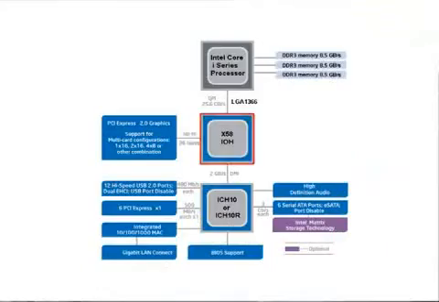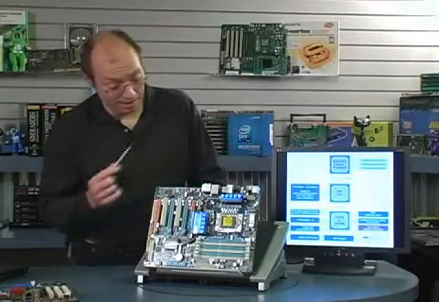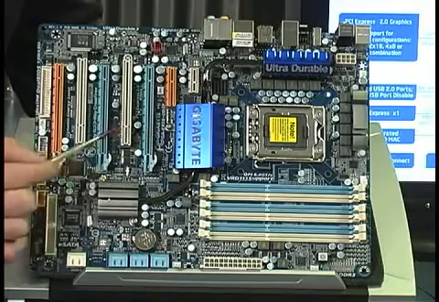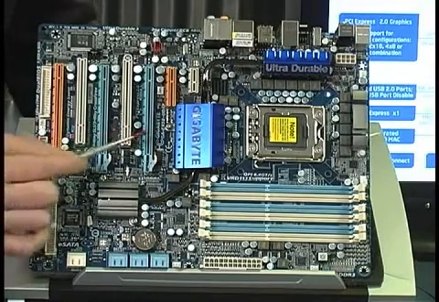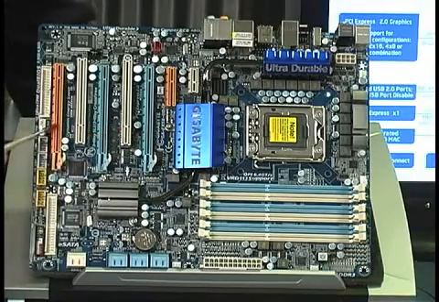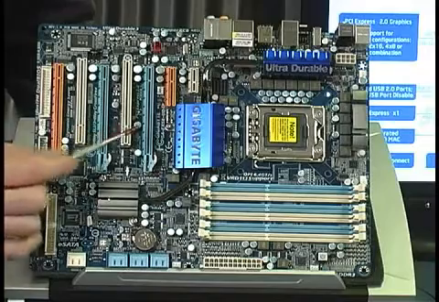Now, according to this diagram, you'll see that on the North Bridge component, we have a connection to the video card slots. These are PCI Express x16 slots, and we can see those here, these 3 long slots, 2 blue ones and 1 sort of an orangish colored one. Why are they different colored?